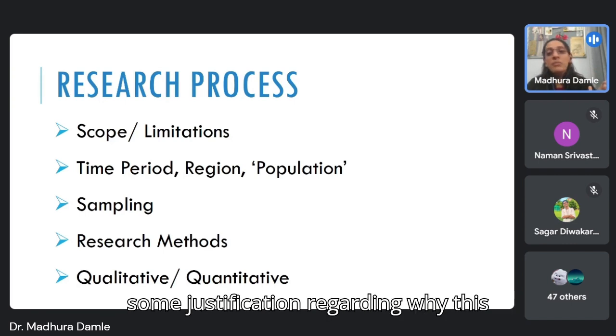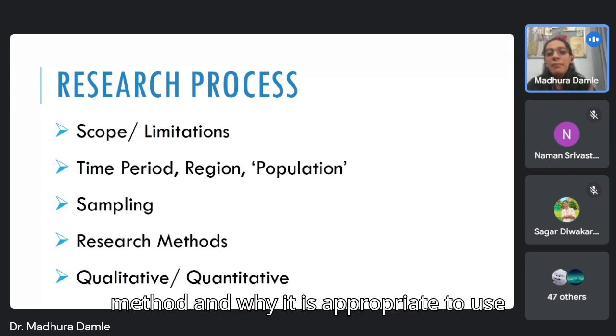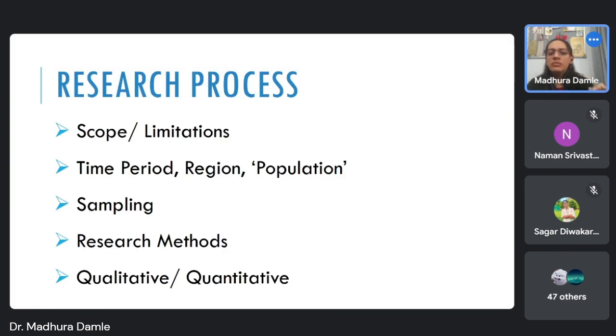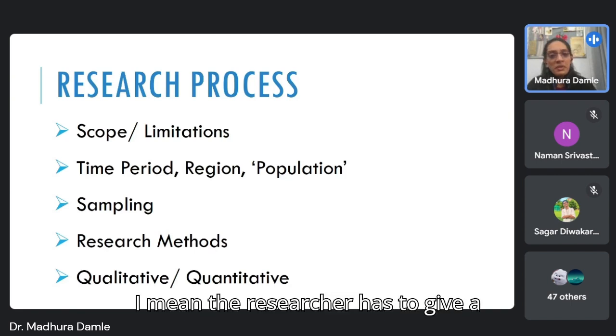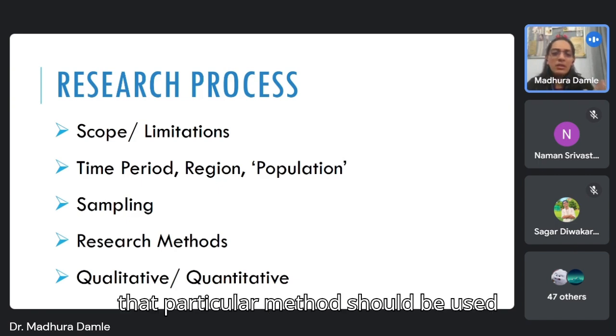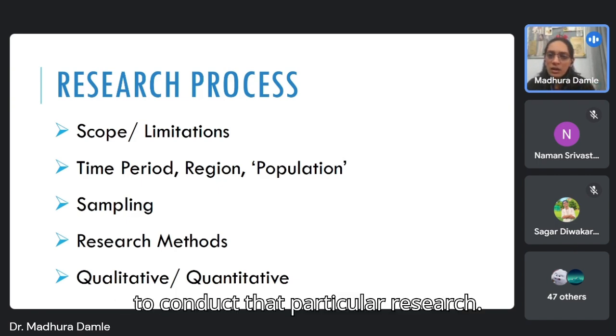There has to be some justification regarding why this method and why it is appropriate to use that method. As I'm saying, there is no correct answer that this is why it is appropriate. But the researcher has to give a convincing answer as to why that particular method should be used to conduct that particular research.